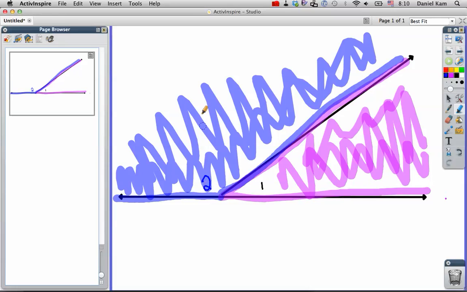So all the stuff above this line is covered in either blue or purple, and together they make a straight line. Whenever you have a straight line, we know that the purple plus the blue, all those degrees together, are going to equal 180 degrees. We already have learned this, and it should be review.